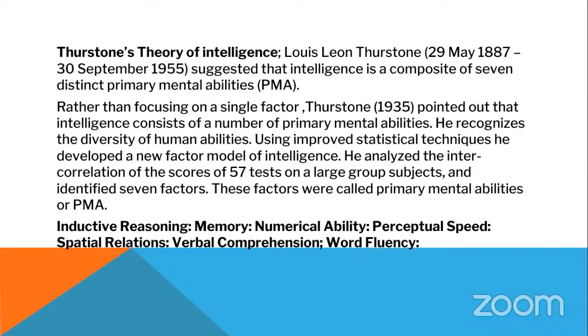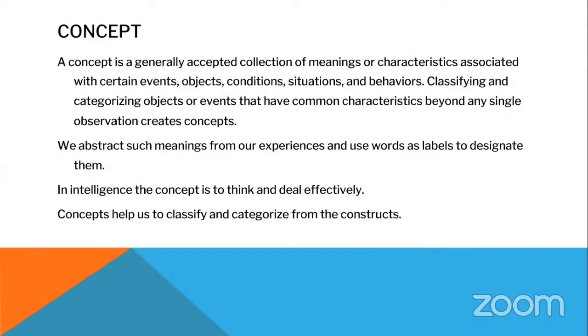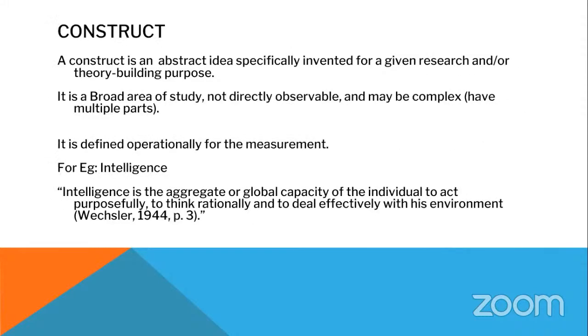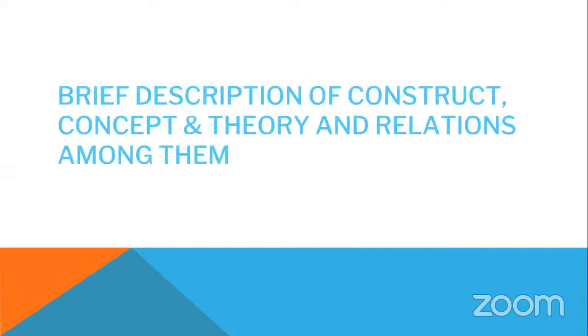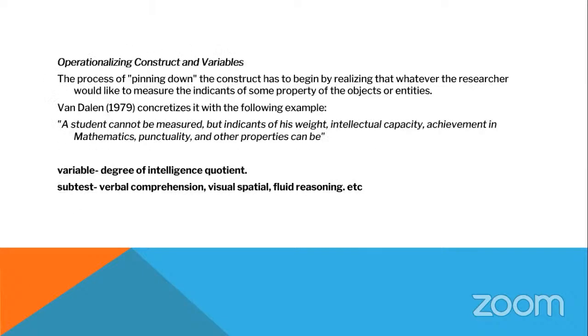So this is an example of a theory, and what I'm going to brief here is the difference between theory, construct, and concept. First, a construct is a wider area, and a concept goes deeper into it, trying to learn it in simpler units.